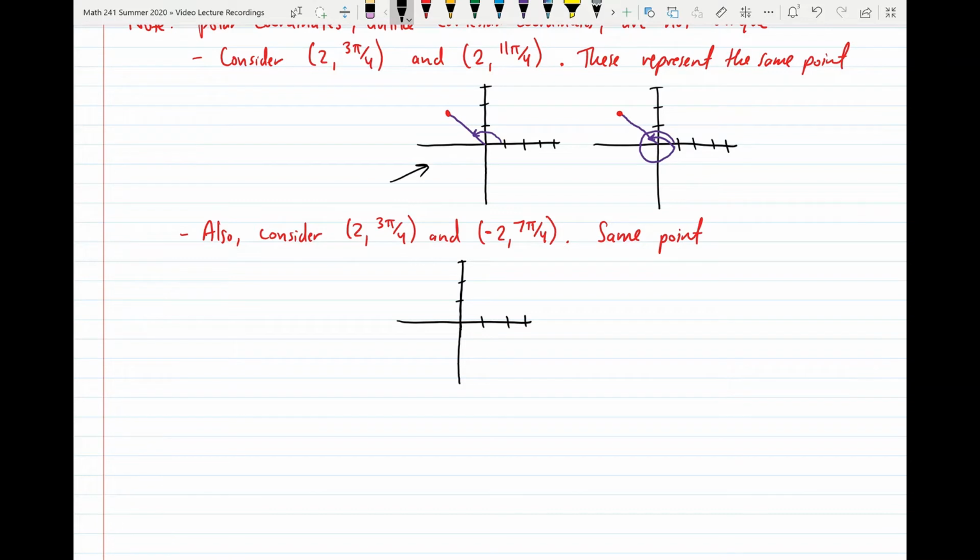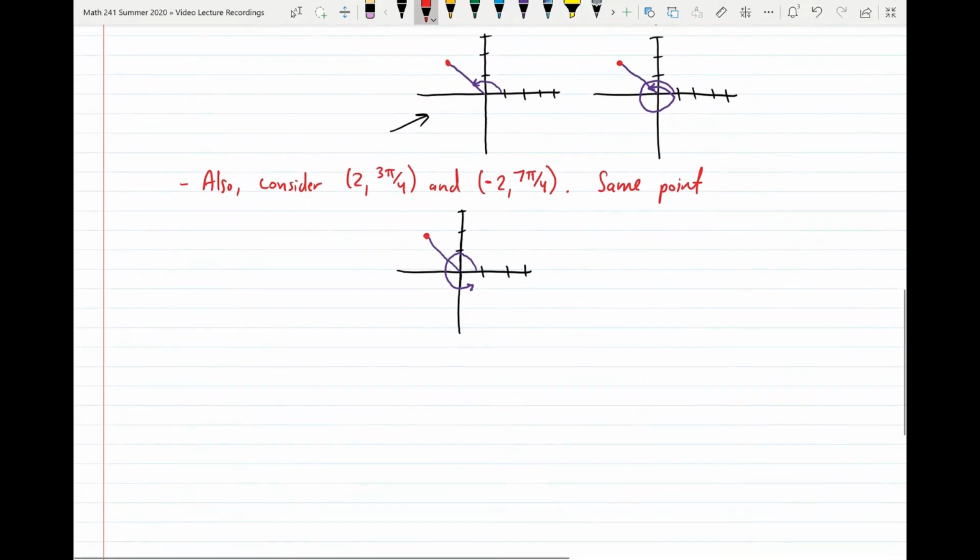So we're going to start at the origin, and we're going to rotate 7 pi over 4 radians, which should put me here. And then because r is negative, it means that I'm actually going to walk backwards. So I'm going to walk in the opposite direction of theta. So now I'm going to walk back this direction 2 units, and lo and behold, again, I get the same kind of point.